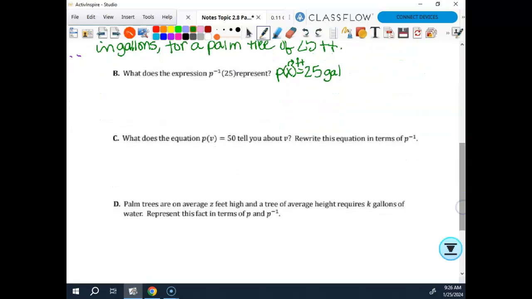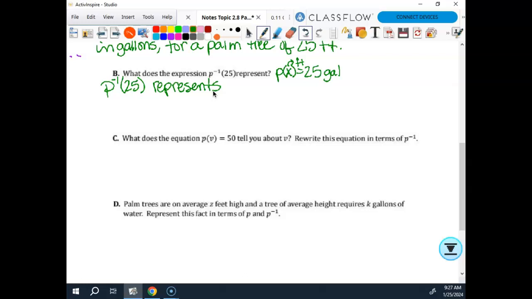So that means that P inverse of 25 represents, well, P inverse of 25 would equal X, right?